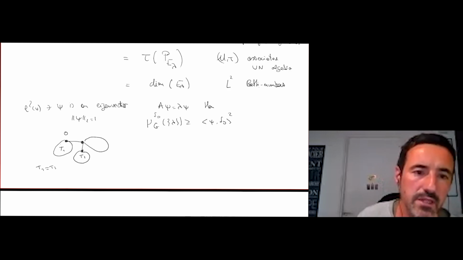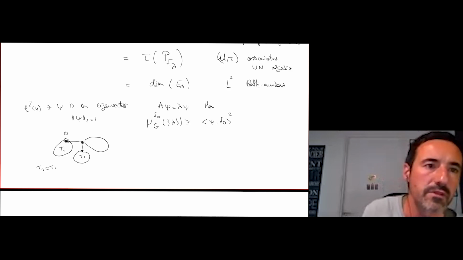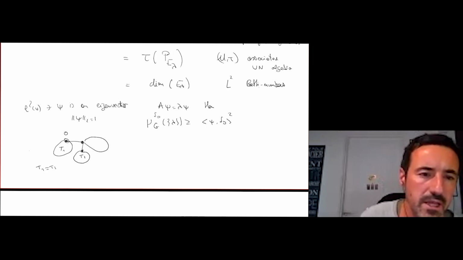But if T1 and T2 are isomorphic, this is a root. You can consider a vector such that A_T1 psi is equal to lambda psi.